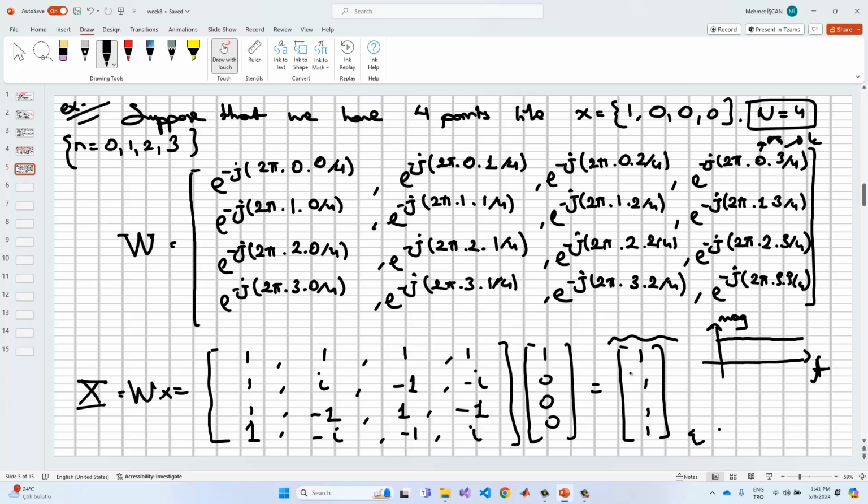Yes, the impulse response tells us what the system is. And so if I apply the impulse response to this DFT matrix, we get one value at each DFT transformation, which means that we contain all the frequency patterns in here.